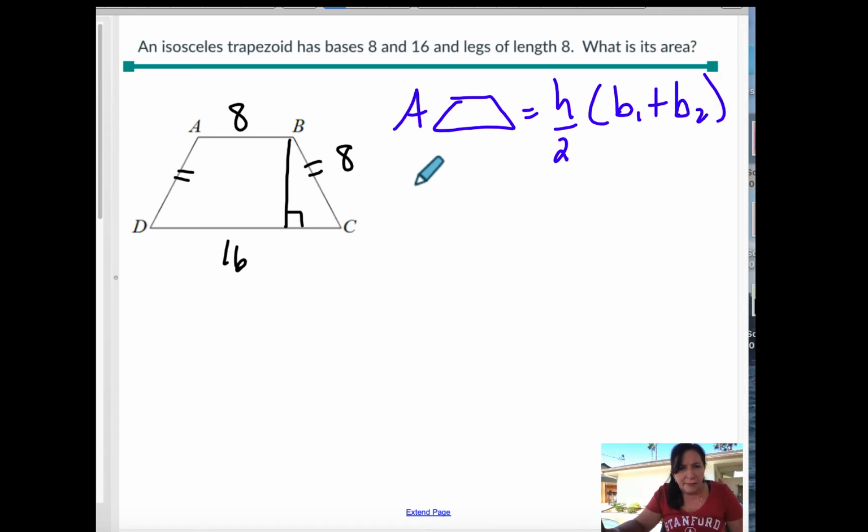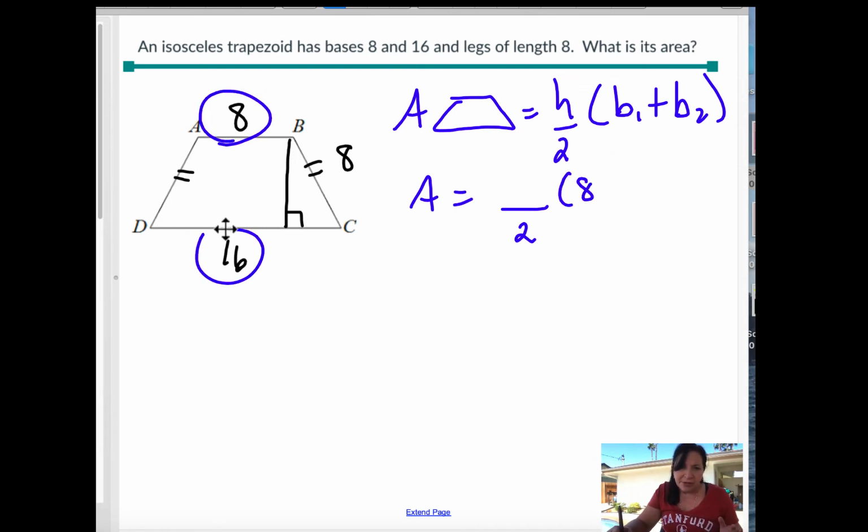And so the area for this shape, I don't have the height yet, but I'm going to put in all the other pieces of information that I have. My bases are going to be this 8 on top plus 16, so base 1 plus base 2. And then I have to take this value and divide by 2.